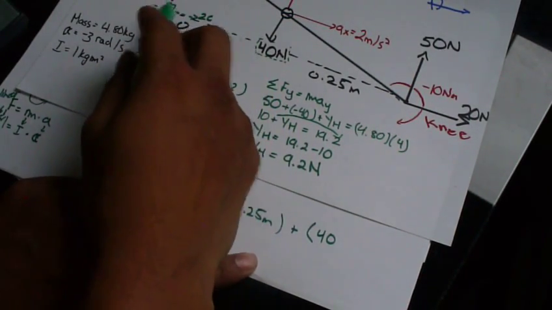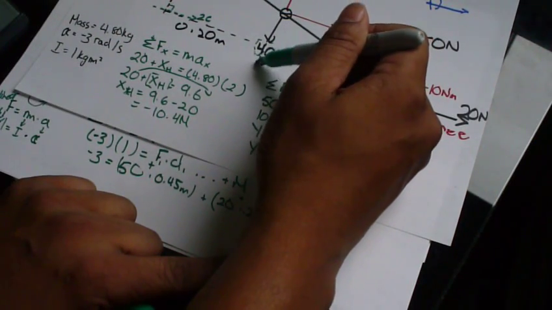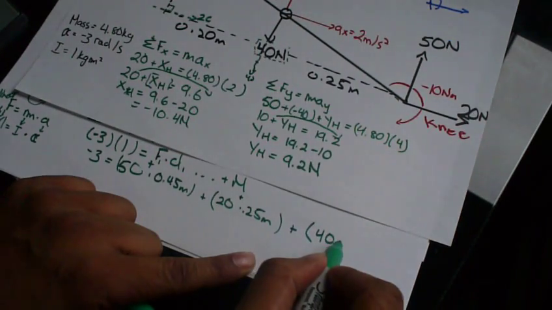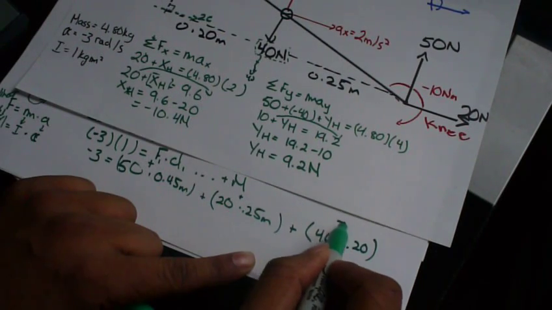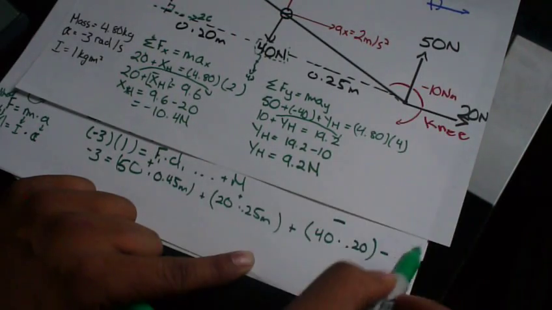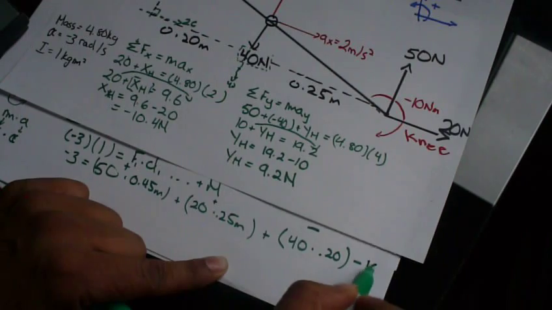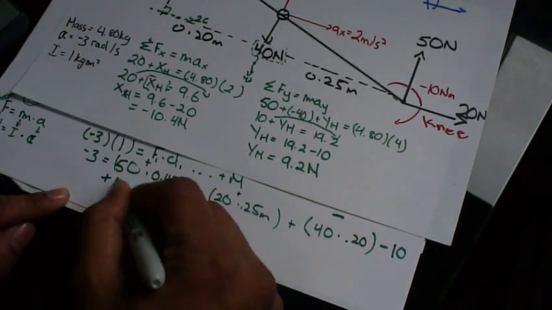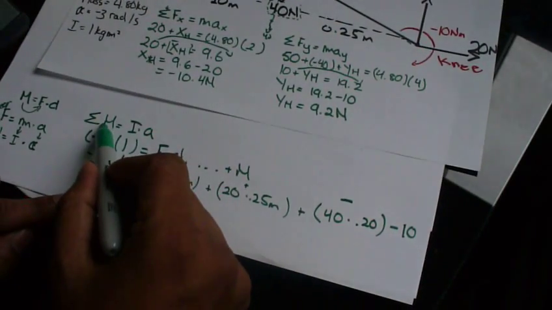So from here to here, because you extend the vector of that force and take into account the perpendicular distance, 0.20, right? And this creates a negative. Note that it's a negative moment that it's creating. Minus, we're given 10 Newton meters here. And then add our unknown net joint moment, because this is the sum that we're looking for.